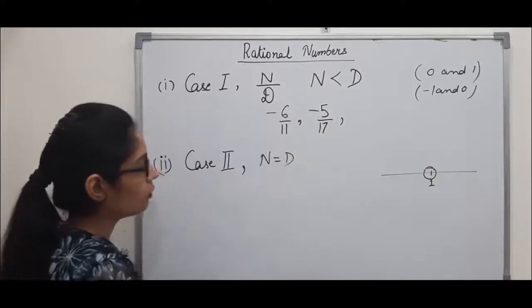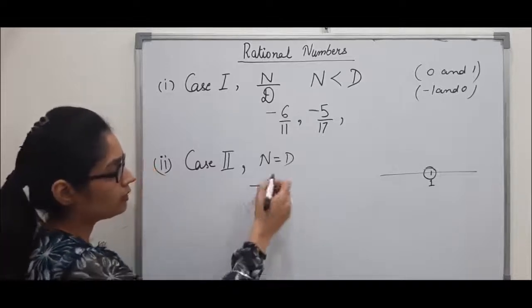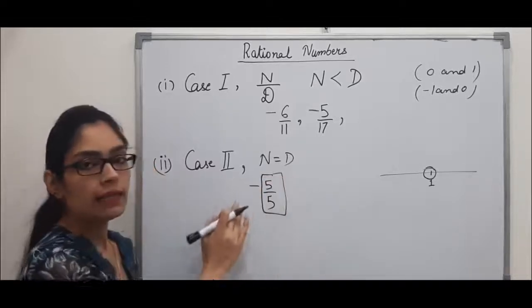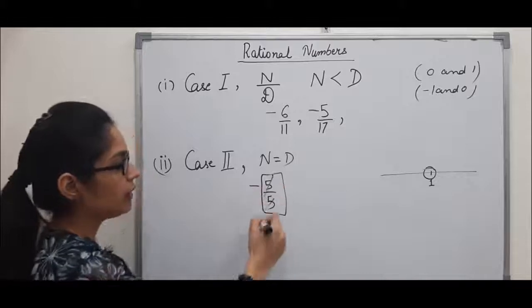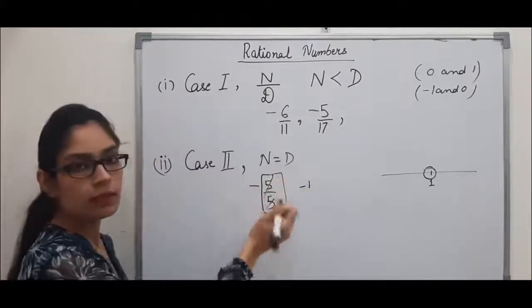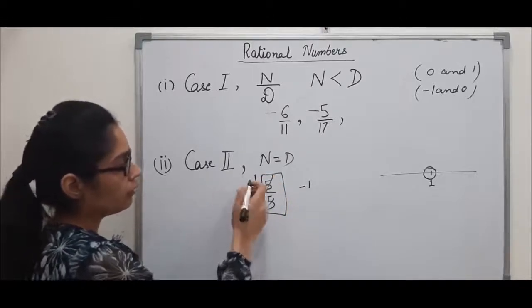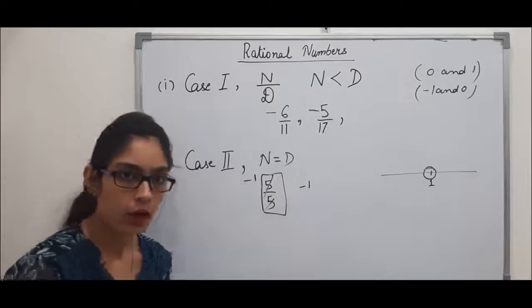Let's talk about the negative number. If minus 5 by 5 is given, with the minus sign written, then your number will be represented by minus 1. You can see 5 gets cancelled with 5 and I am left with 1, and along with this 1, the minus sign also comes.